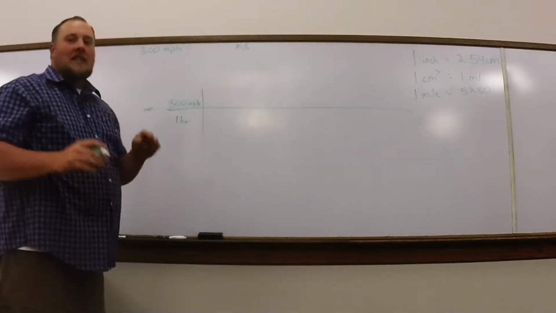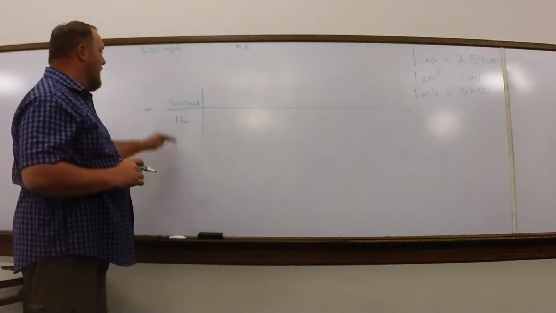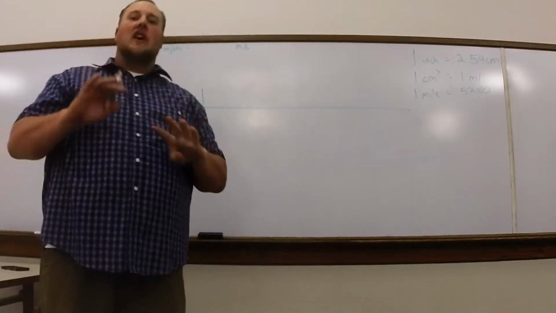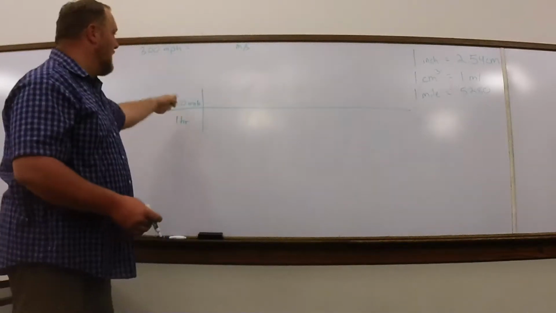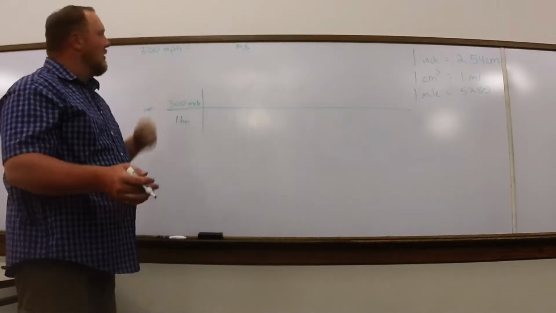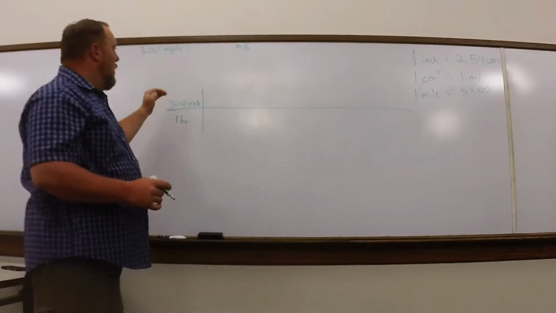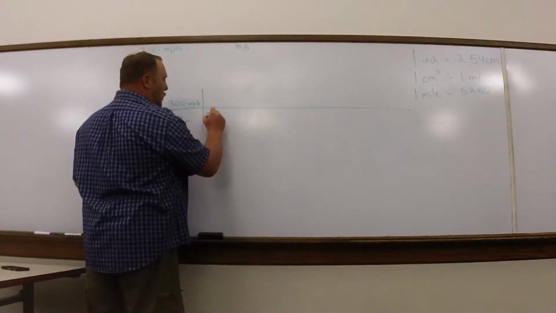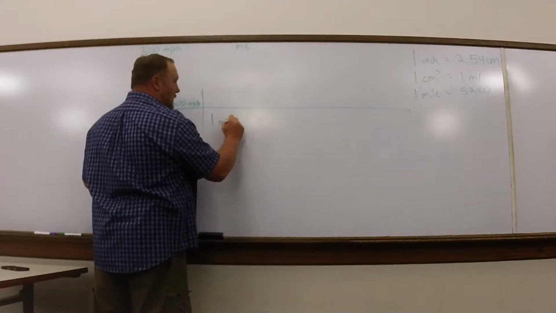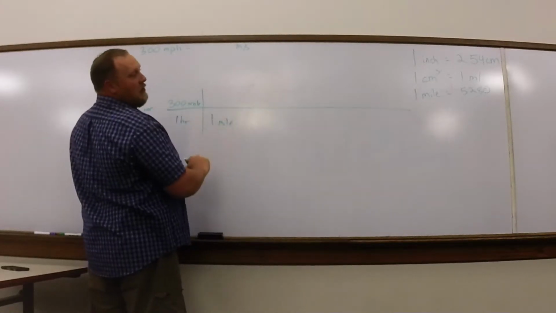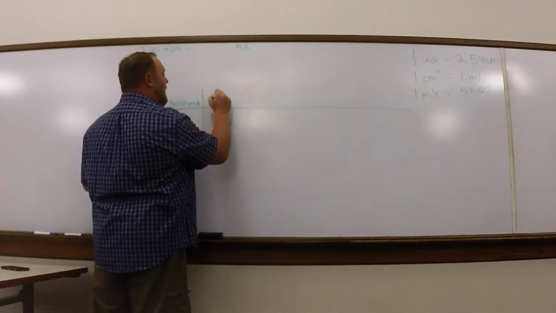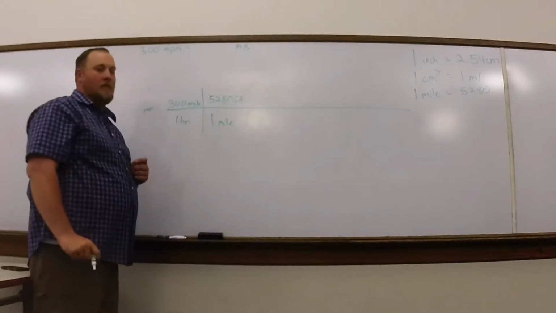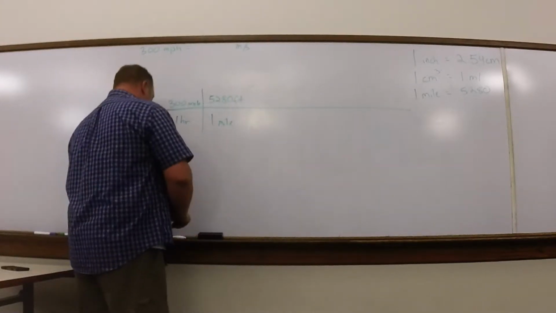Let's start by picking one or the other. We can convert the bottom or we can convert the top, leaving the other one for later. Let's start with the top. We just did this, just kind of in a different form, but 300 miles. We know that for every 1 mile, there is 5,280 feet, right?